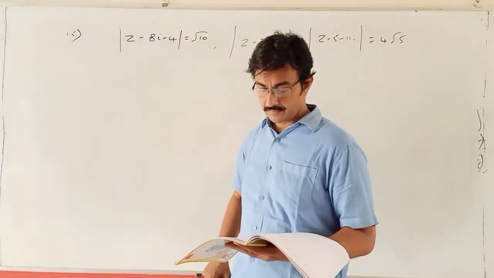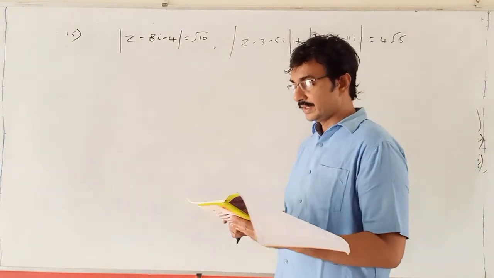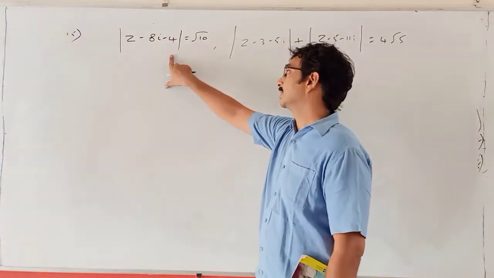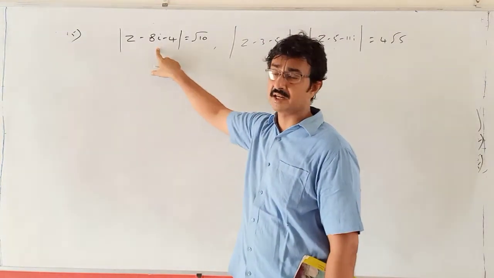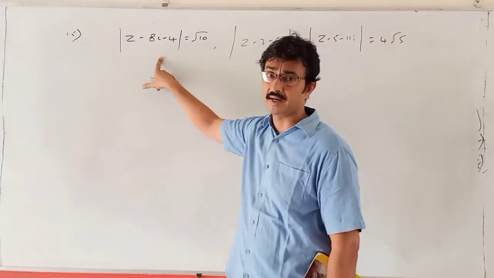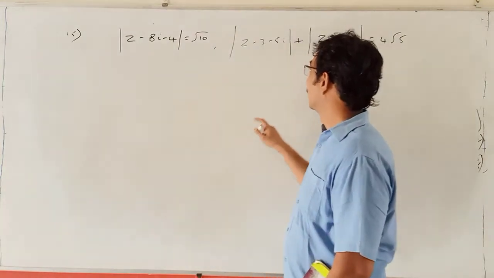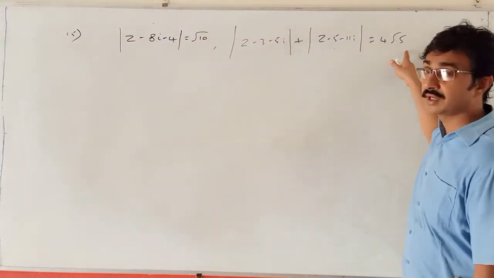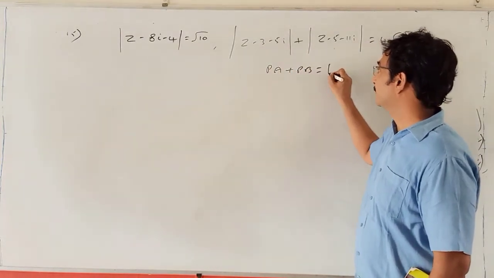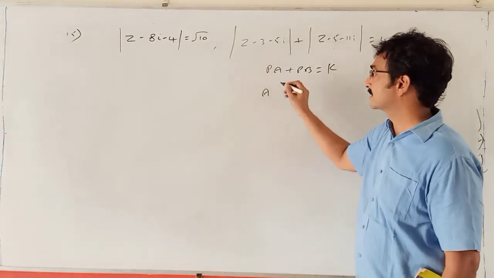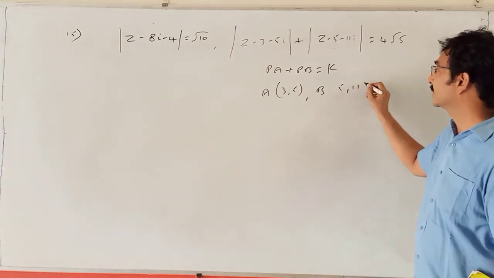Advanced related problem. So required is the number of points of intersection of two curves. Clearly the first one is in the form of modulus of z minus z1 equal to some constant, which represents a circle with center 4,8 and radius root 10. And this is in the form of PA plus PB equal to K. By comparing, point A is 3,5 and point B is 5,11.